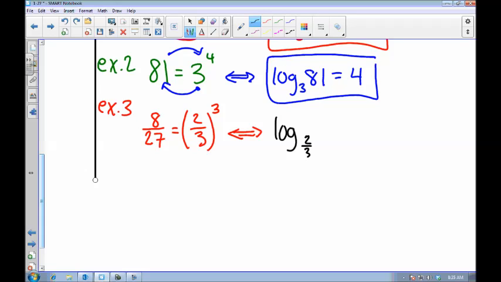What do you think? He even used the right words, right? He said base and of in the right positions. Log base 2/3 of 8/27 equals 3. Excellent job.